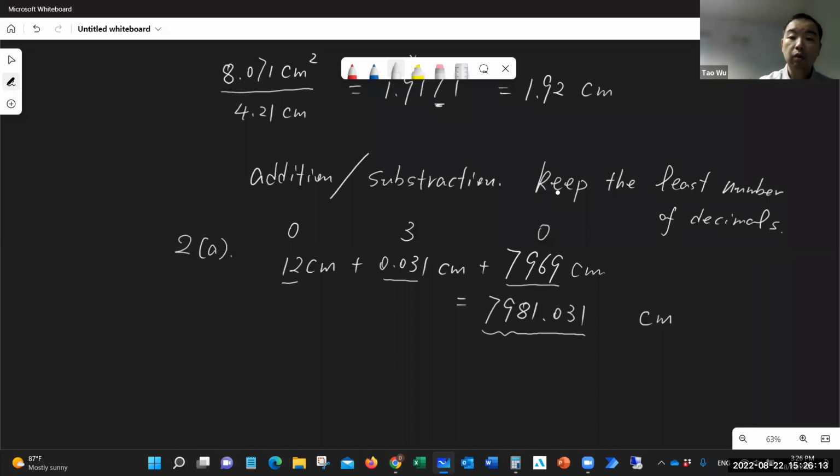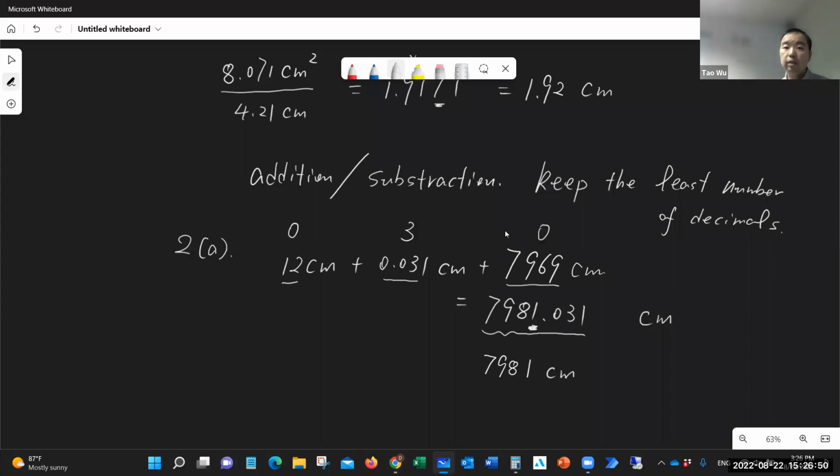So you keep the number in this area and look at the next one. If the next one is 5 or bigger, you increase it. If it's smaller than 5, you cut it off. So this is just 7981 centimeter. There's no decimals there.